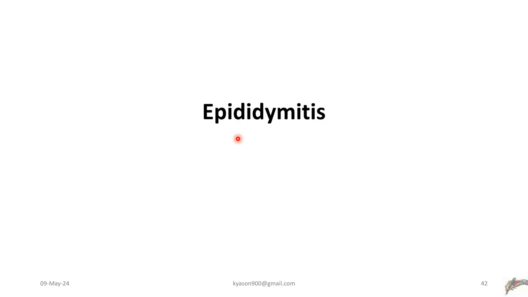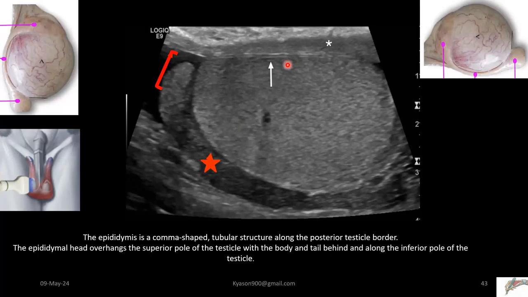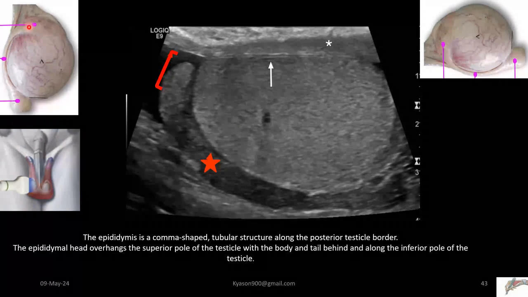Okay. Then epididymitis, this is basically inflammation of the epididymis. Okay, and the epididymis, of course, we all know that it's that structure there at the posterior aspect of the testicle. There's a head, there is a body, and the tail. That's the epididymis.